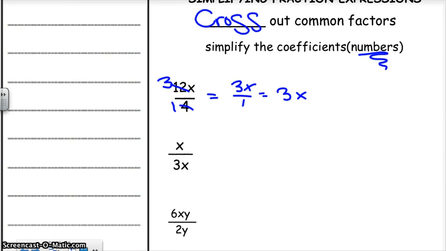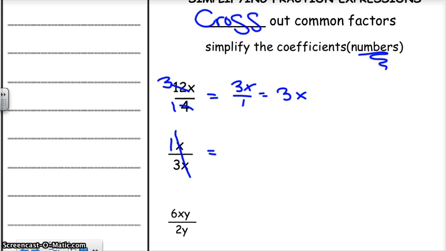x over 3x, what do they have in common? They both have x. Look what happens. Bam, they're out. They cross out. It's like a game. But I don't have a 0 on top. I actually have a 1 on top, because it's like 1 times x. So that 1 doesn't just disappear.